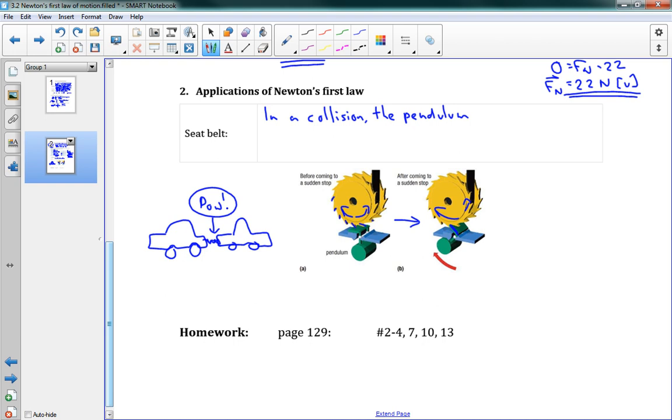Well, if I was driving in this direction in my car, then my car all of a sudden stops. All of a sudden it gets a net force this way, whereas my body doesn't know that. My body still wants to keep traveling this way. I will fly out my windshield unless I have something stopping me. So my windshield, or sorry, my seatbelt is keeping me in place. It's keeping me from flying forwards.